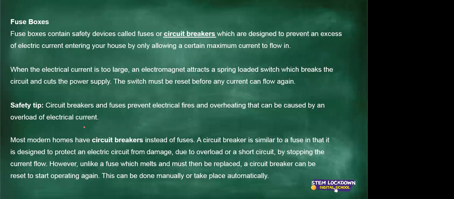A circuit breaker is similar to a fuse in that it is designed to protect the circuit from getting damaged due to an overload, and this stops the flow of current. Unlike a fuse, which melts and you just replace it, a circuit breaker can be reset to start operating again. You can do it manually, or you can automatically reset the circuit breaker.